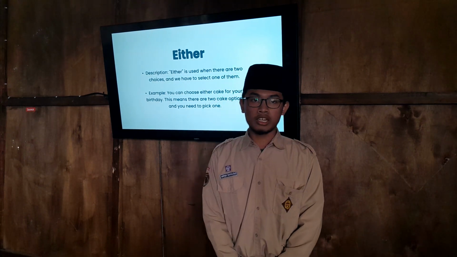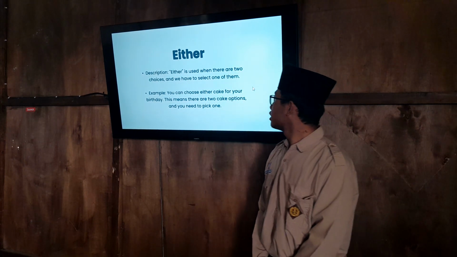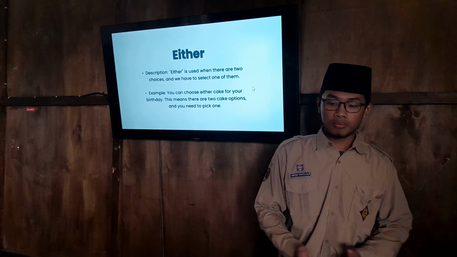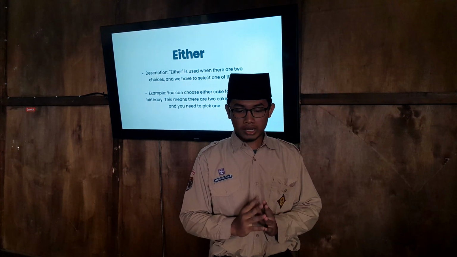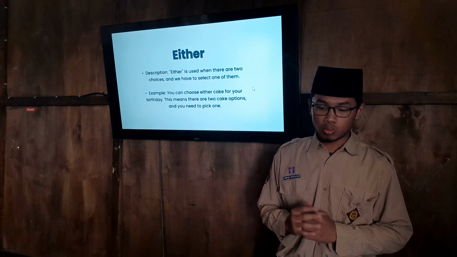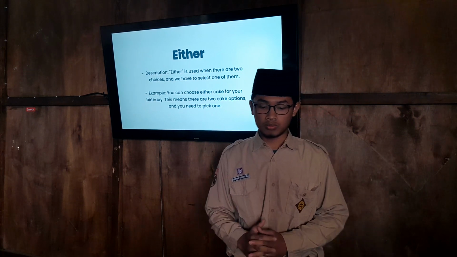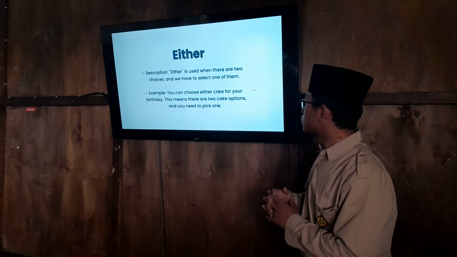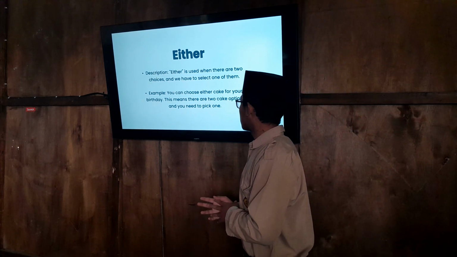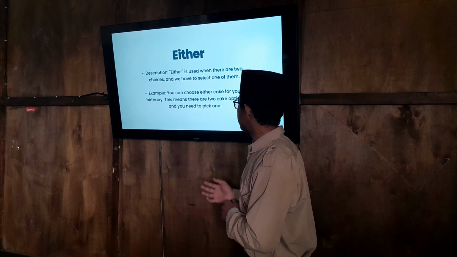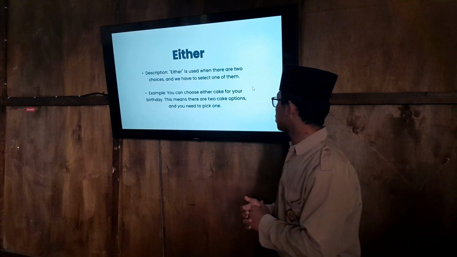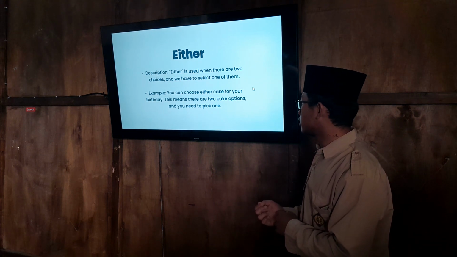And the next is "either." What is "either"? "Either" is used when there are two choices and we have to select one of them. For example, you can choose either cake for your birthday. This means there are two cake options and you need to pick one.